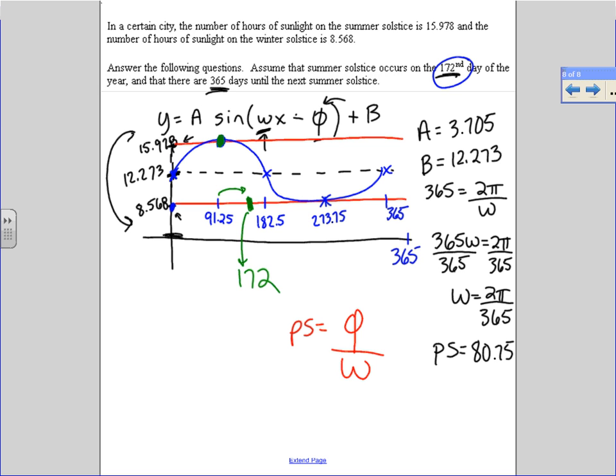We know that the phase shift is 80.75, and we're trying to figure out what phi is. We just figured out what omega was. Remember, omega was 2 pi over 365.